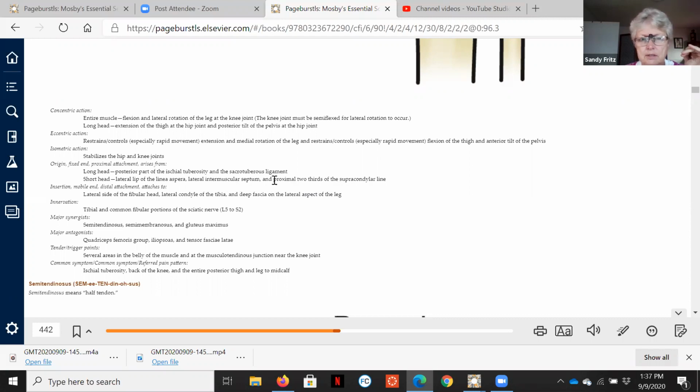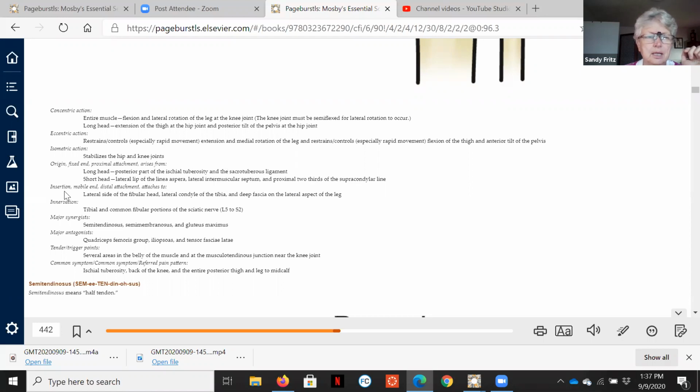This is telling you that it's taking its proximal attachment right on the femur. So you'd have to go back now and look at the skeleton to find all of these bony landmarks.